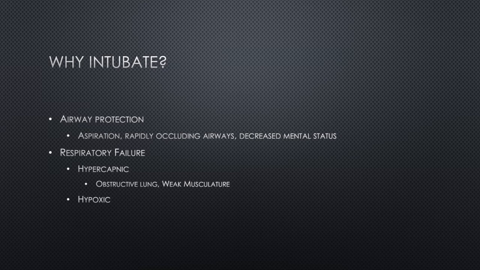So from an airway protection standpoint, this is probably one of the better reasons to intubate because the ET tube does a better job of protecting the trachea and isolating the lungs from secretions and blood and other foreign bodies than do supraglottics, although there's some evidence that supraglottics do a decent job of this. But airway protection really, I think, is the best reason to be intubating.